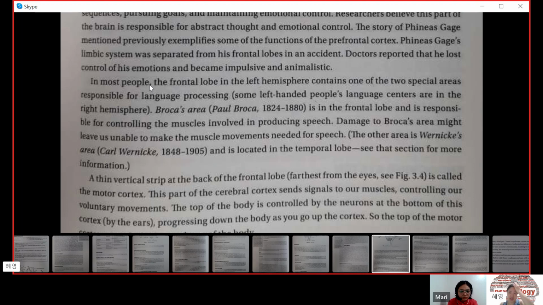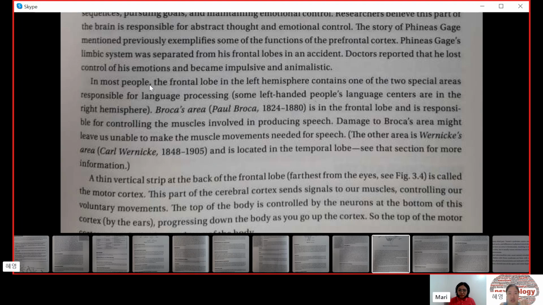Some left-handed people's language centers are in the right hemisphere. Broca's area is in the frontal lobe and is responsible for controlling the muscles involved in producing speech.